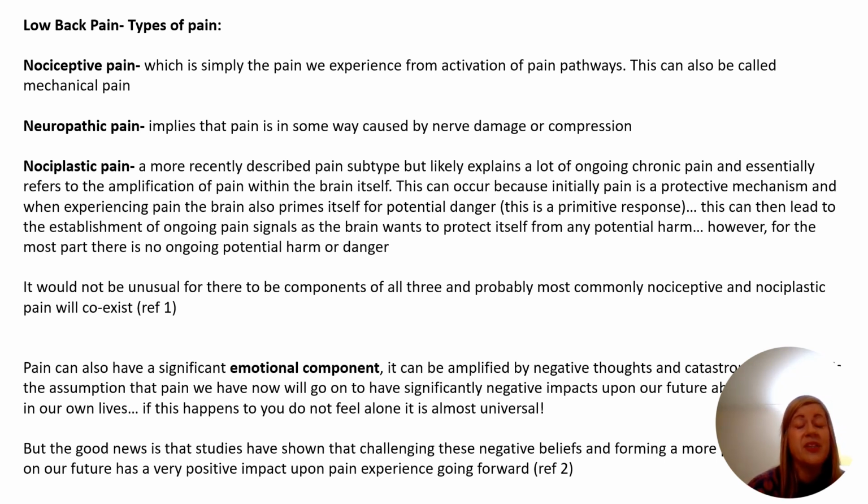However, for the most part, there's no ongoing potential harm, and it has been demonstrated that a lot of the nociplastic types of pain are also exacerbated by things like catastrophizing and worrying about pain for the future. It wouldn't be unusual for there to be components of all three, and probably most commonly the nociceptive and the nociplastic types of pain.